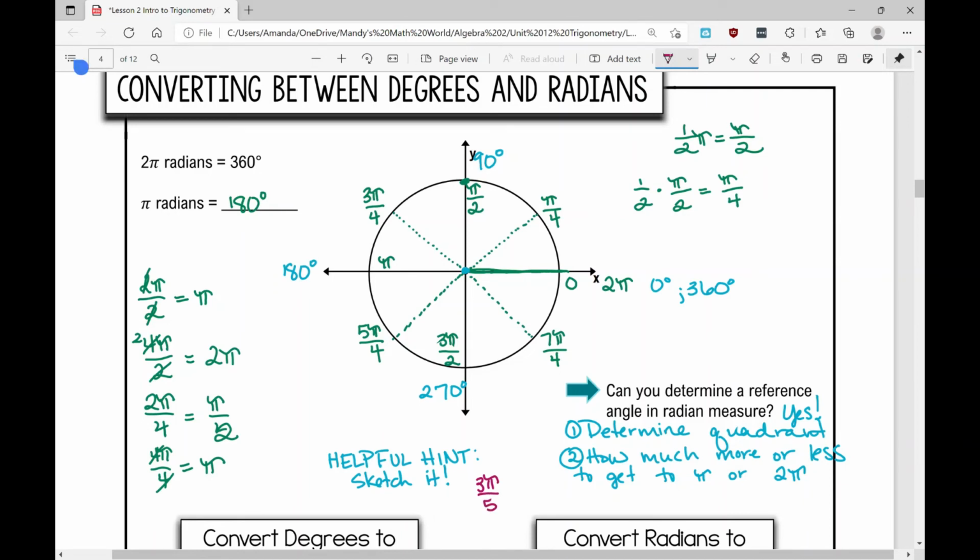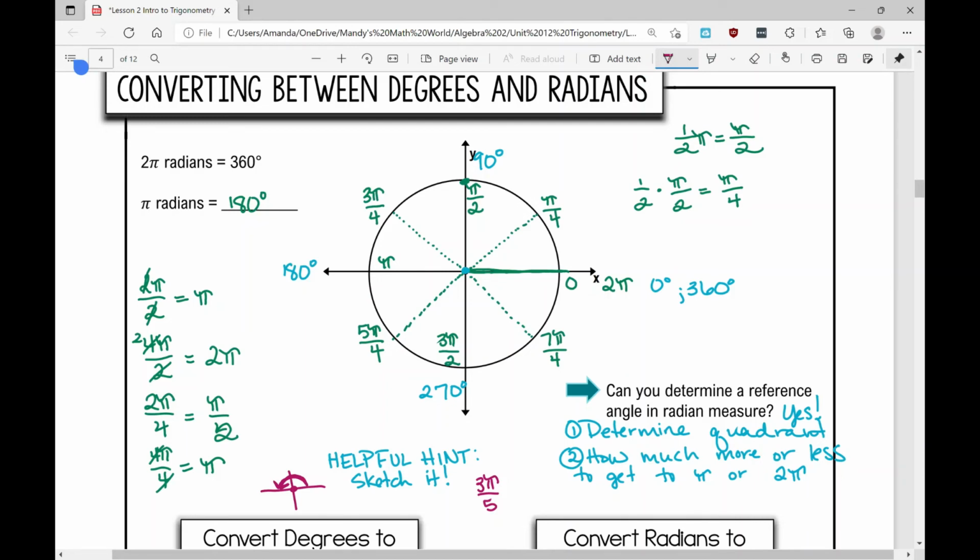That would be in quadrant 2, because let's say I've got my coordinate plane right here, and this straight line measures in pi. If I'm counting by 3 pi over 5, I'm counting by fifths, right?